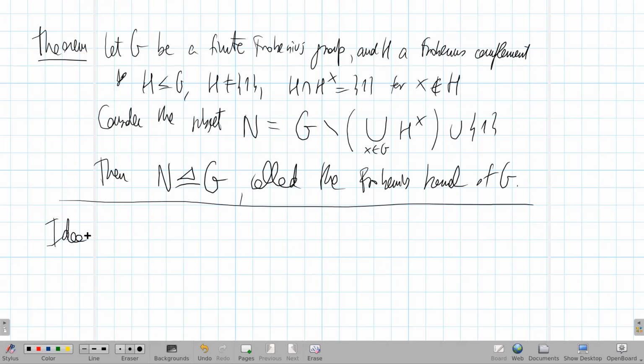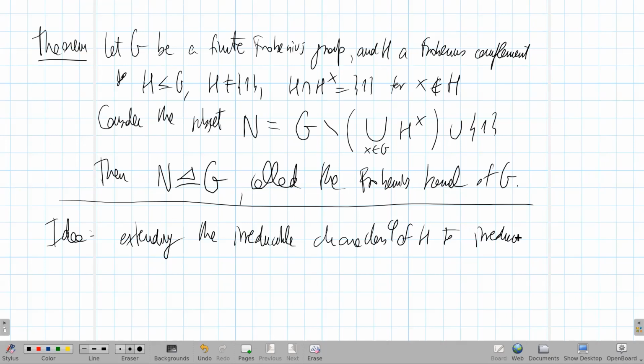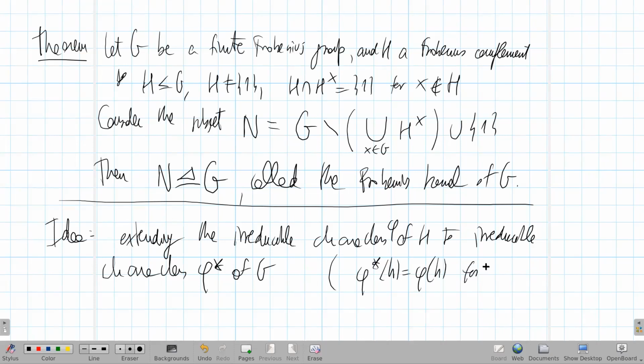Idea: extending the irreducible characters phi, say, of H to irreducible characters phi star of G. Extending means that phi star of h equals phi of h for h in H. And then we will see how to use this.